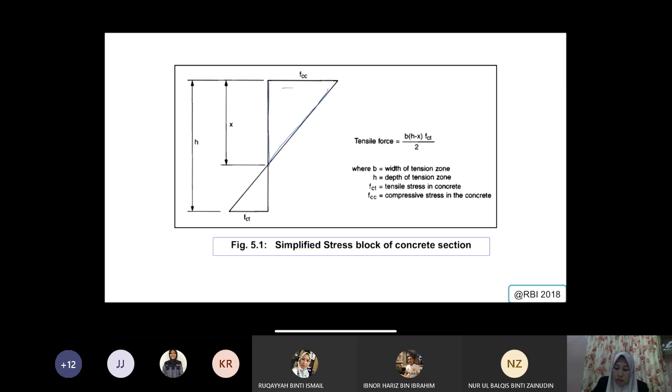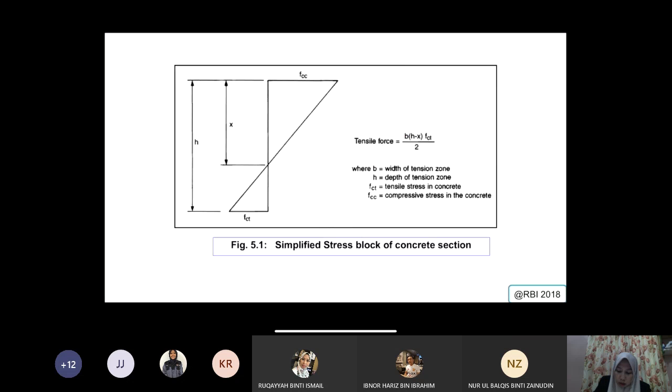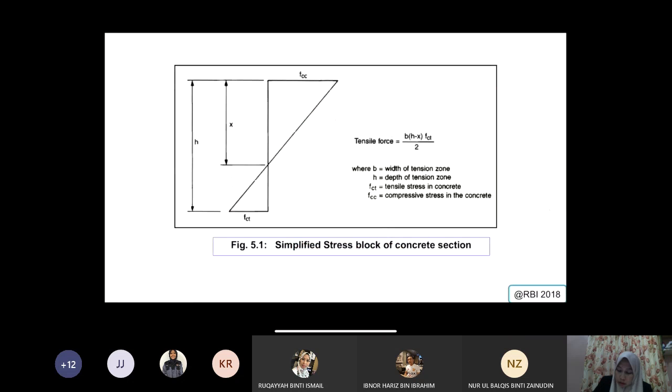For example, for the tensile force, here you have b multiplied by h minus x, this is the b, and this h minus x will give you this. Then minus, times fct divided by 2. This is where you get the tensile force, which when you convert it becomes the force.